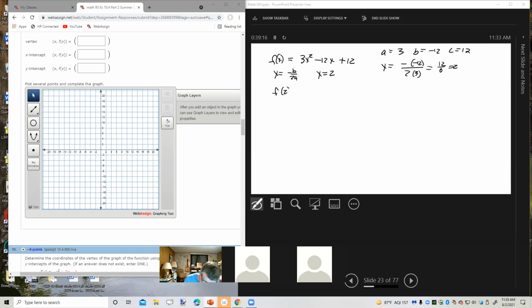I find f of 2, which is 3 times 2 squared, minus 12 times 2, plus 12, which is 3 times 4, minus 12 times 2, plus 12, which is 12, minus 24 plus 12, which is 0. So the vertex is at 2, 0.